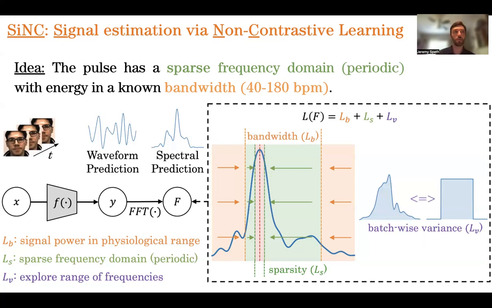So we know that if we gather a large batch of videos, the pulse rate shouldn't be exactly the same for all of them. So we encourage the model to explore the range of frequencies on this finite support that we allow. And all of these losses are performed in the frequency domain. So our model predicts a waveform, and then we convert it to the frequency domain with the fast Fourier transform.